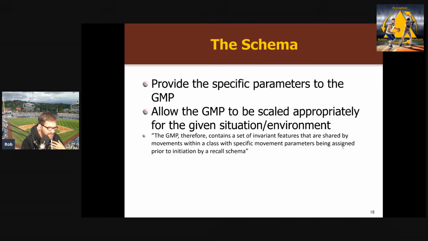They take in the conditions, right? You perceive what's going on in your environment, you know what you want to achieve, and you parameterize this general throwing GMP. The GMP contains a set of invariant features that are shared within a movement class, and specific movement parameters are specified to actually generate a movement.